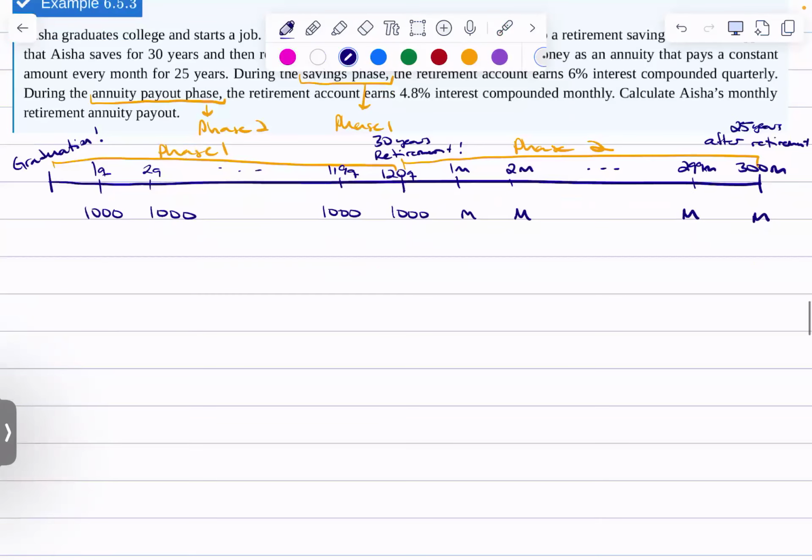But what happens is for these 30 years, that's going to build up to some accumulated value, some A. Then we use that same trick that we just saw, where I'm going to change what's happening with my money, and instead of putting money in and adding to it, now I'm going to take money out, in equal amounts.